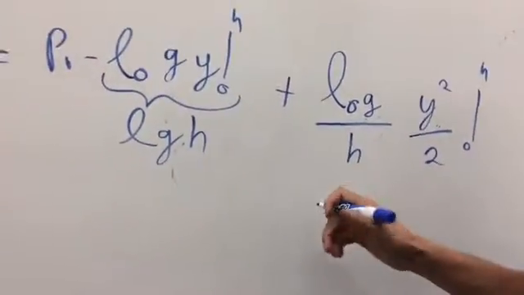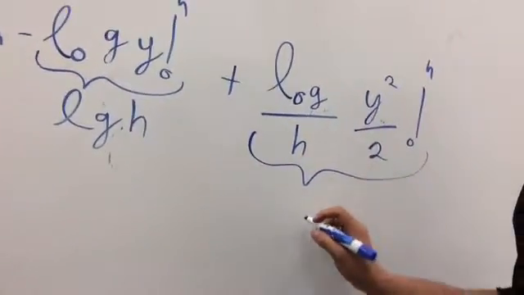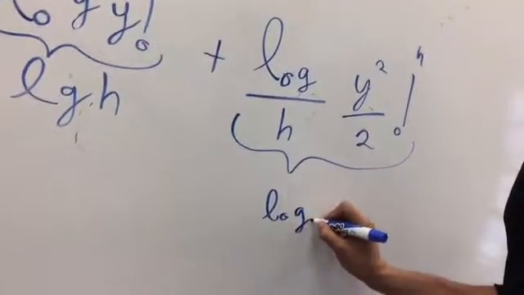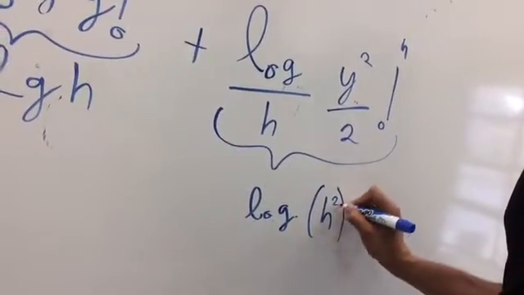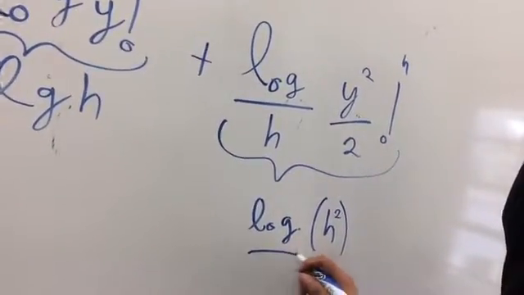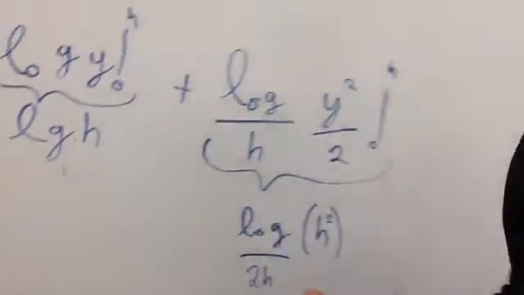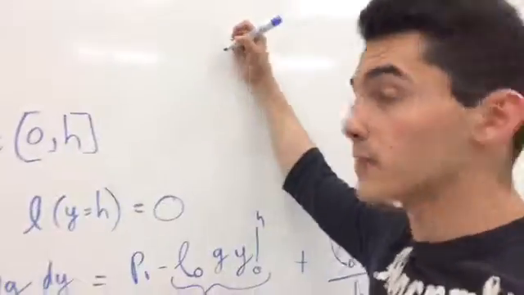This part belongs to the initial density times gravity over h, times h squared over 2. Once we have our integral, we can sum this.